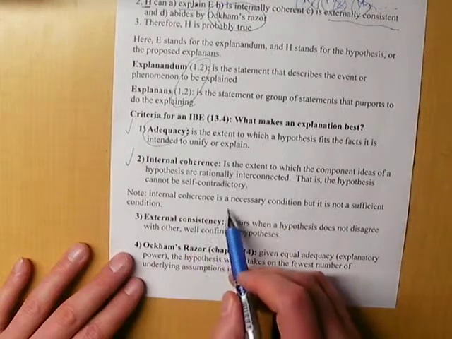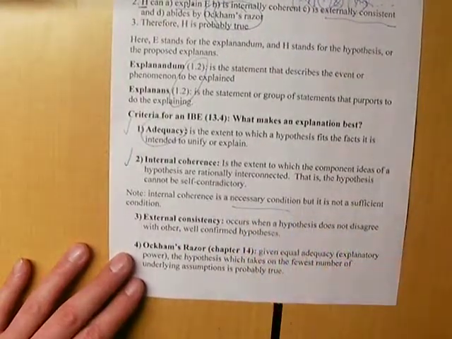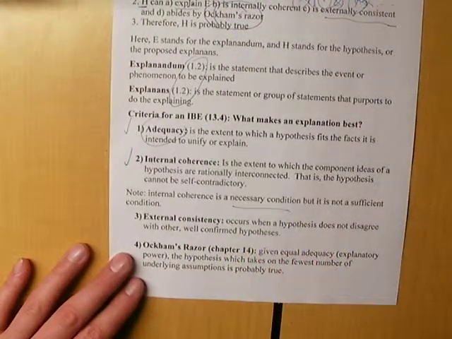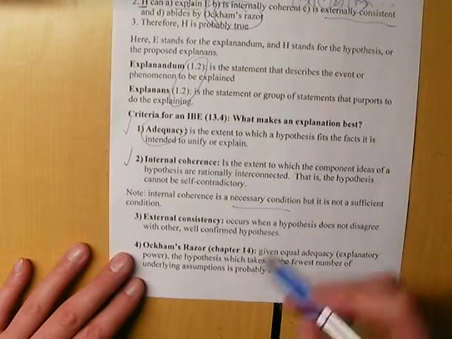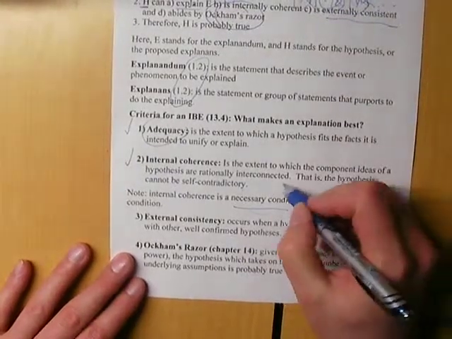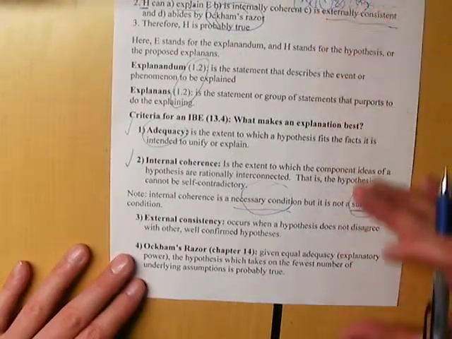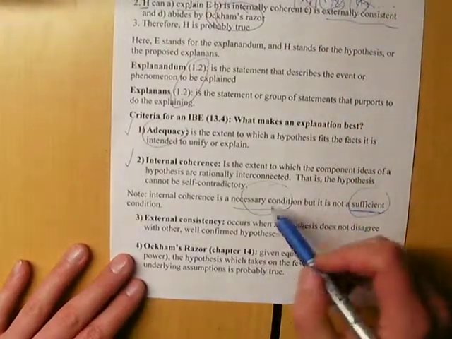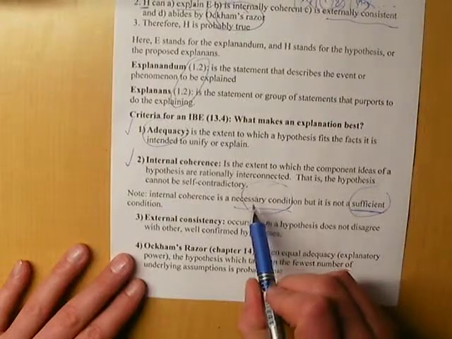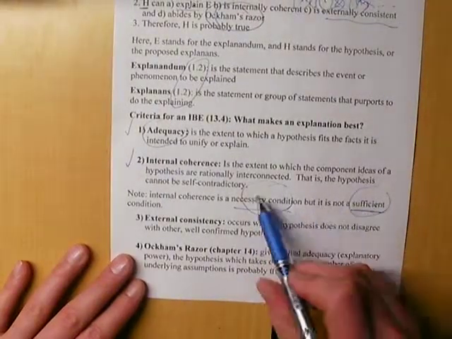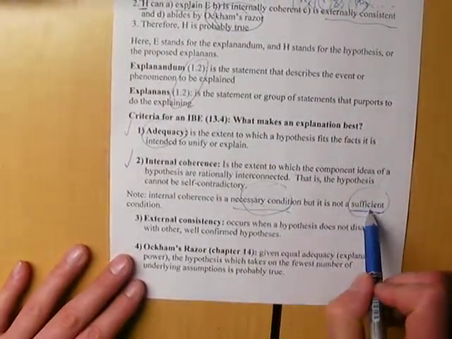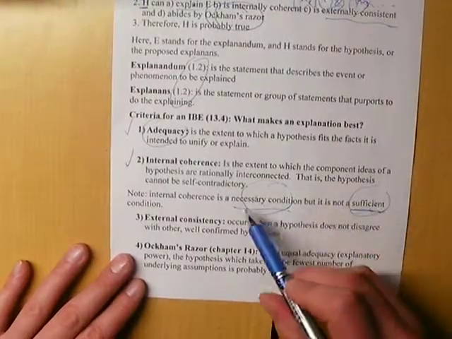Internal coherence, notice, is a necessary condition for truth, but it's not a sufficient condition. And again, I'm tying in lingo, putting all the pieces of the puzzle together here for one big inference to the best explanation. This lingo is from chapter 1 again. And in fact, that was a part of the first test, if you remember.